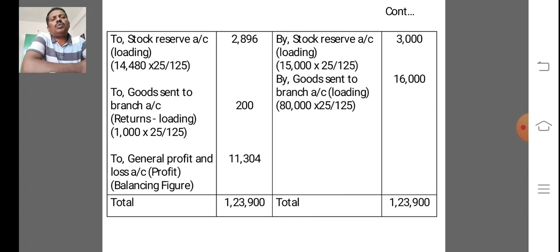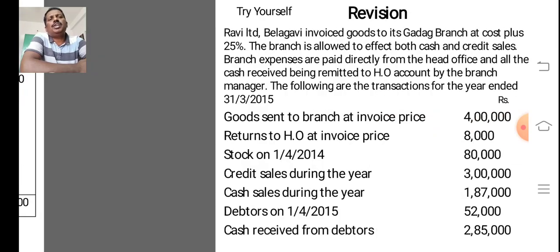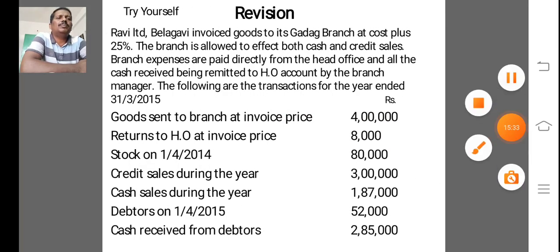The credit side total is 1,23,900, and the difference is 11,304, which is the profit. That profit is transferred to general profit and loss account.